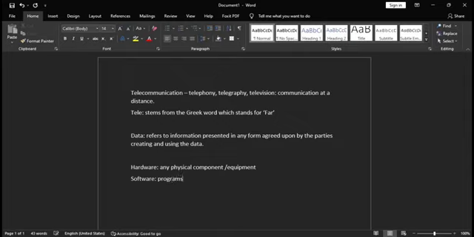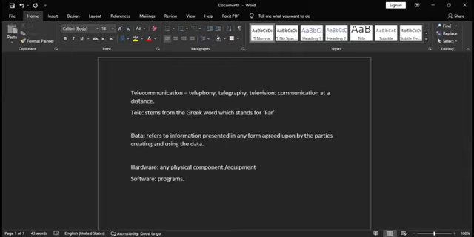So we have said two major important things: for data communication to take place, you need a hardware and also a software to work.